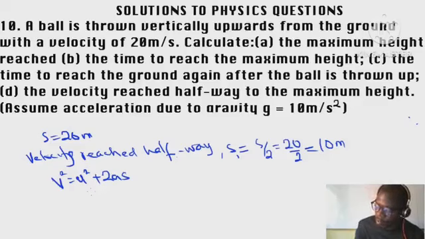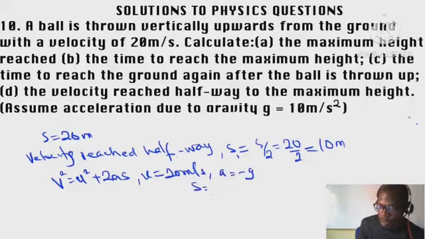We have our initial velocity, our acceleration, and the distance. So our u here is still going to be 20 meters per second. Then we have our a equal to minus g, and then we have our x, which is now 10 meters.